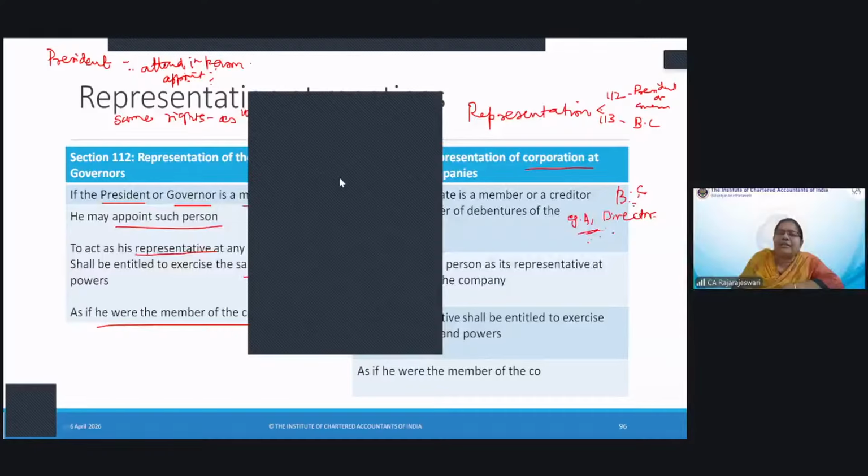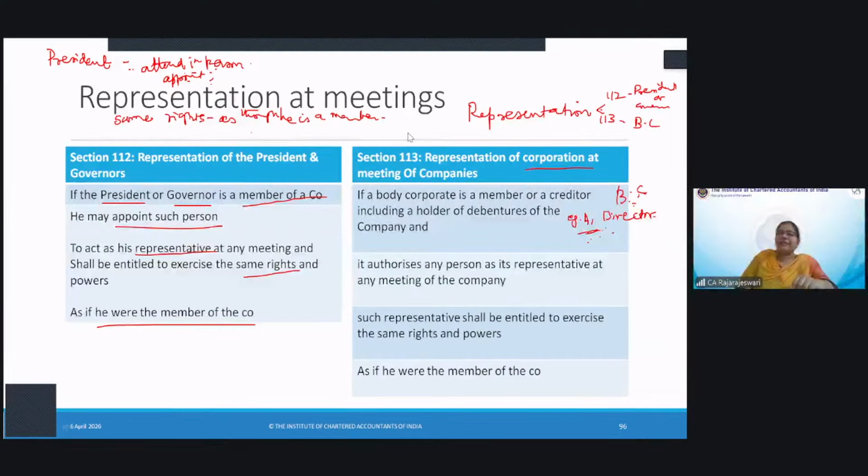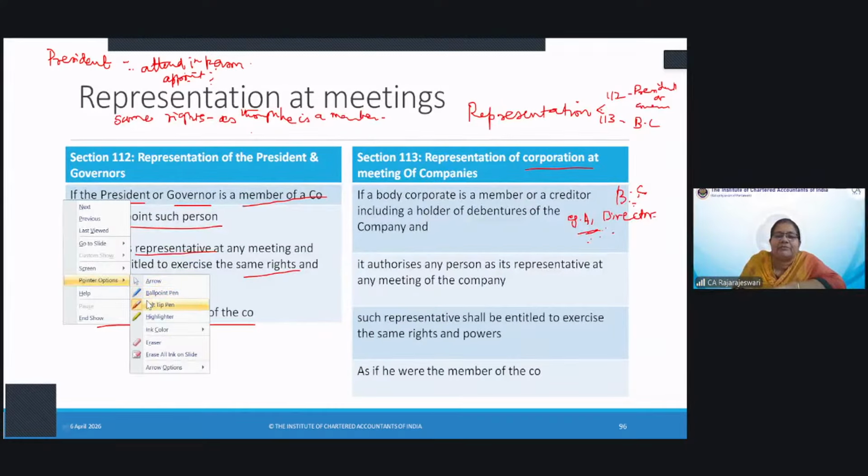See, proxy cannot vote through show of hands. The general rule is that proxy cannot vote by show of hands. If an exception is there, they would have specified it. You read those proxy provisions.